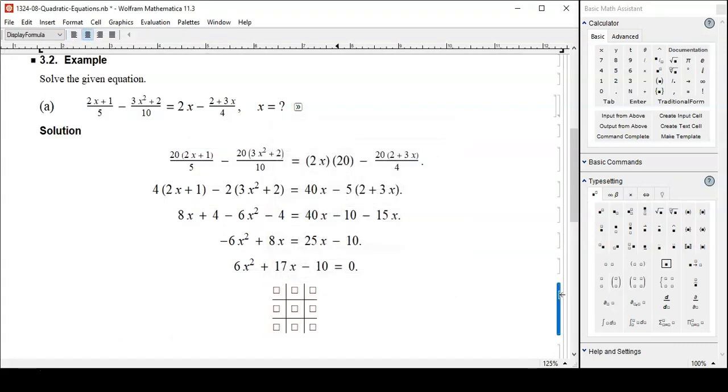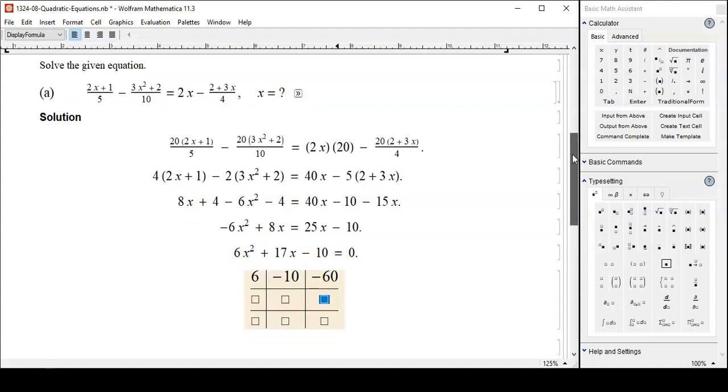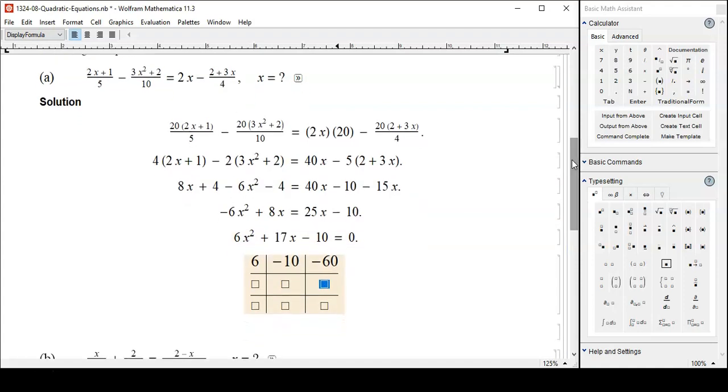Here's a tic-tac-toe board, and then first 6, last negative 10. So 6 times negative 10 is negative 60. Now, factors of negative 60 adding up to positive 17. What do we have? 1 times 60, that never works. 2 times 30, no. 3 times 20, yeah, that's it.